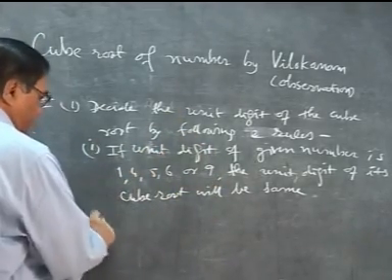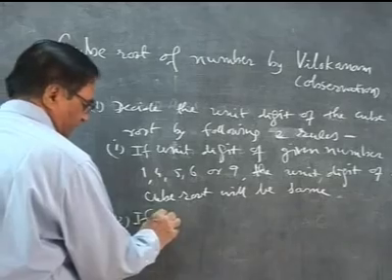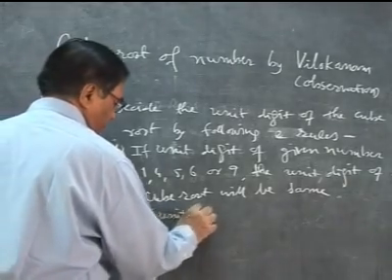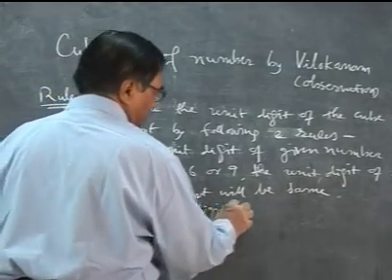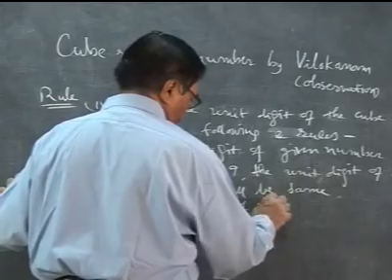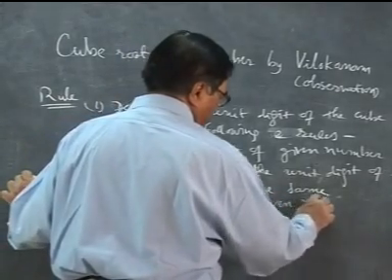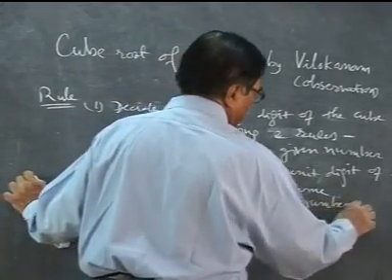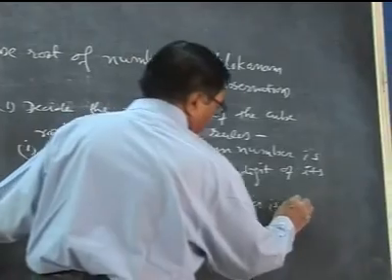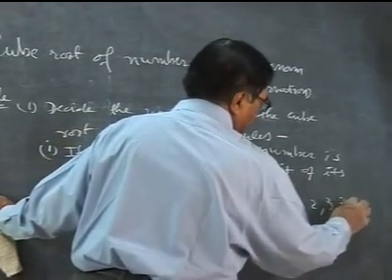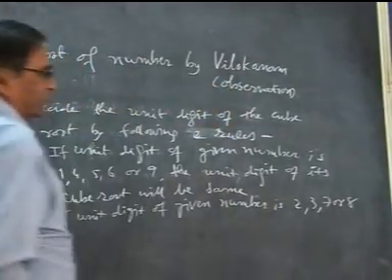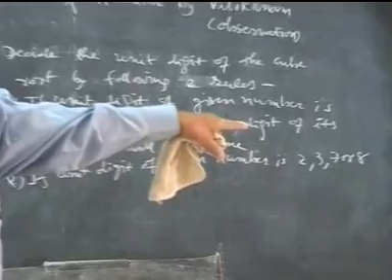Number two: if the unit digit of the given number is 2, 3, 7, or 8, these are the digits which do not make a perfect square. Take care of it.